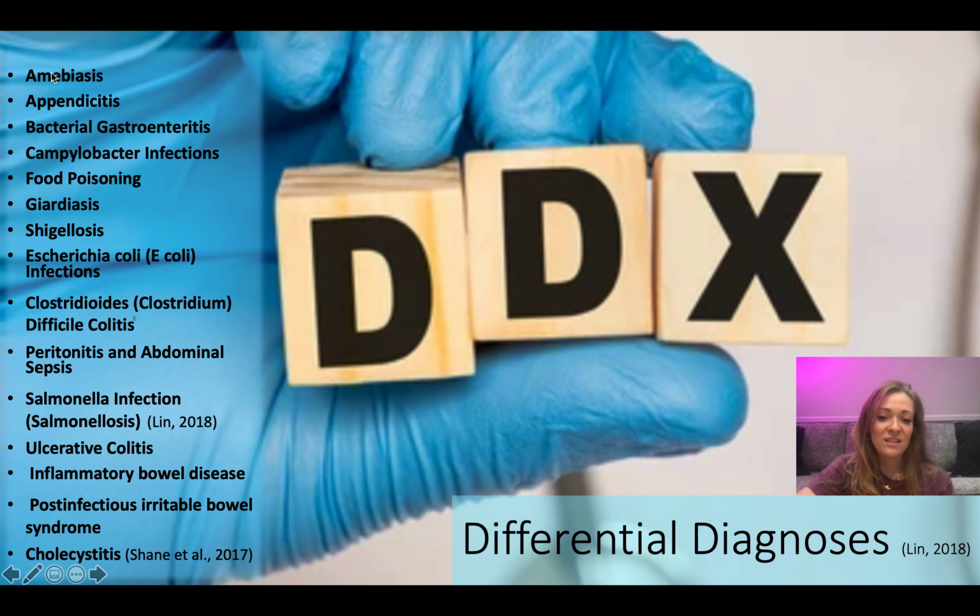Listed here are the various differential diagnoses that can accompany the clinical manifestations associated with viral gastroenteritis. The typical symptoms obviously can be associated with so many different diagnoses, and it's the presentation and process of the disease, of the manifestations as a whole, where you get your diagnosis.